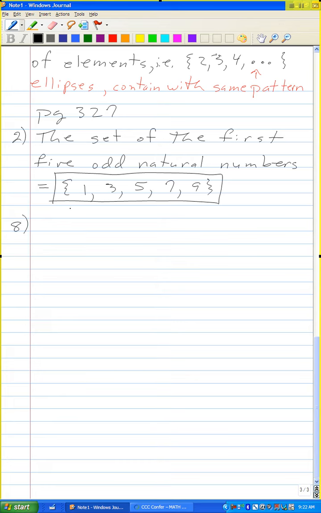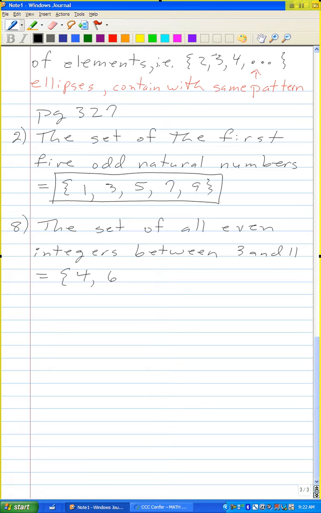The set of all even integers between 3 and 11. And so let's list these. And so 4, 6, 8, and 10 are all of the even integers between 3 and 11.